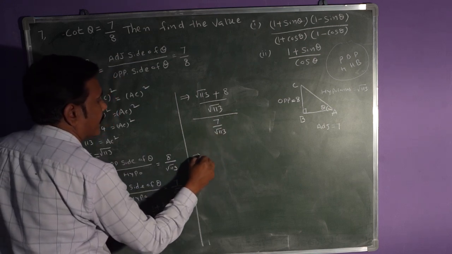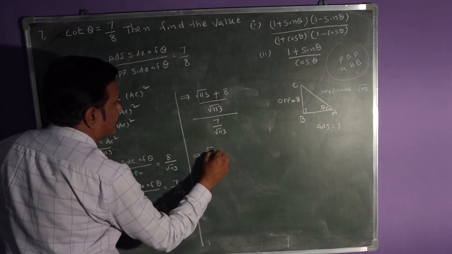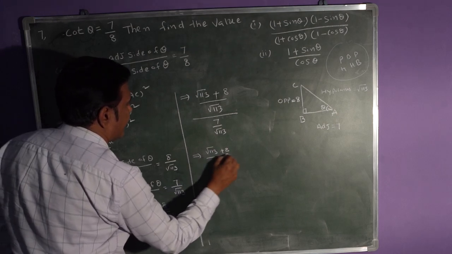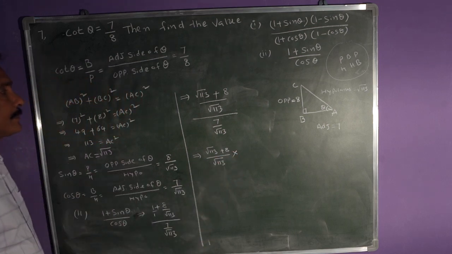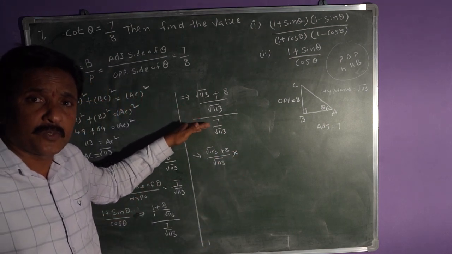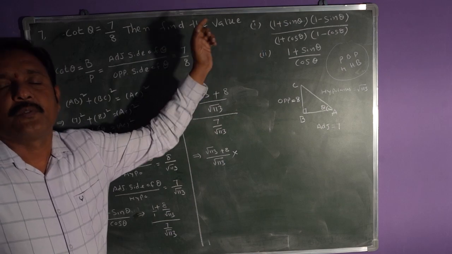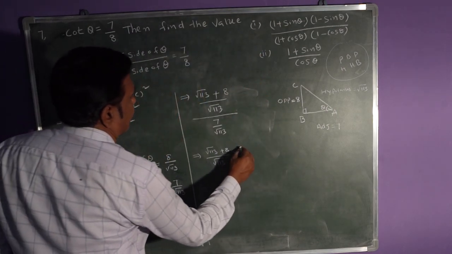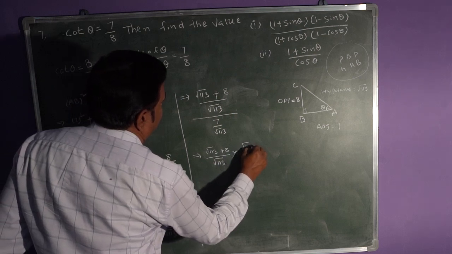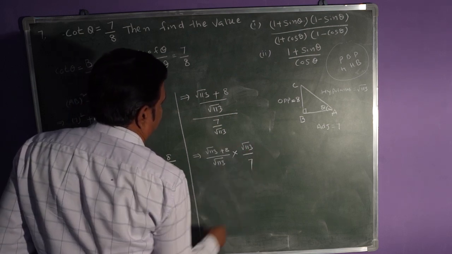Then this implies root 113 plus 8 by root 113, into this denominator place goes to numerator place. Numerator is denominator, denominator is numerator. Then root 113 by 7.